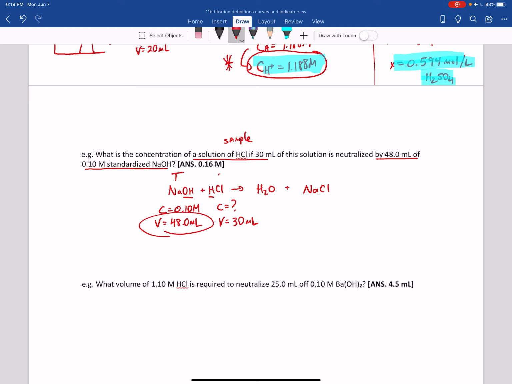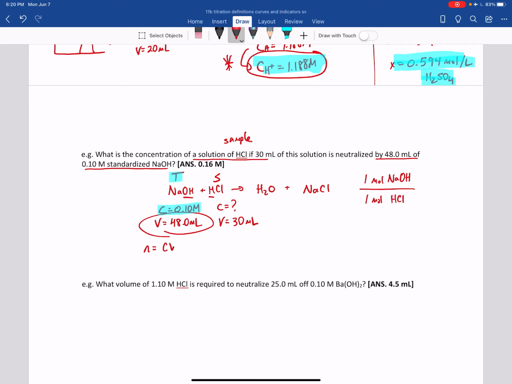So that's titrant and that's sample. And just one more time, we know that it's the titrant because we have its concentration. So this is a 1-to-1 ratio when it's all balanced. So we know that for every 1 mole of sodium hydroxide, we have 1 mole of hydrochloric acid.